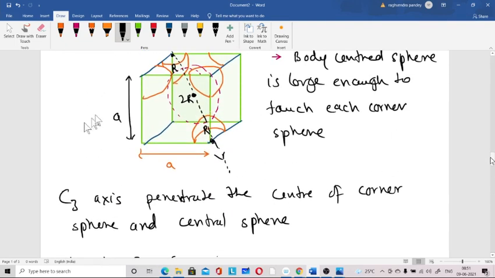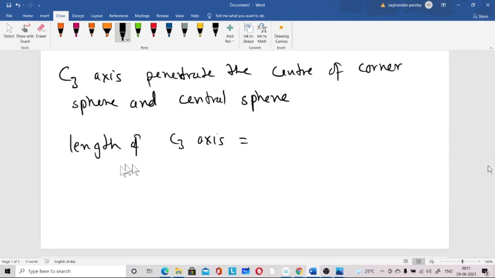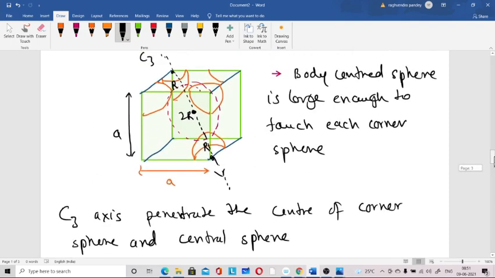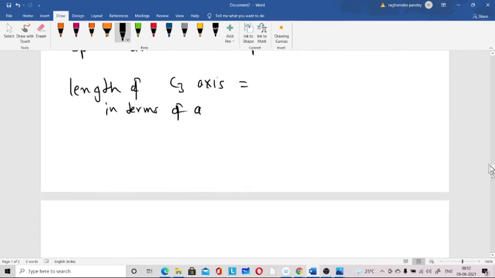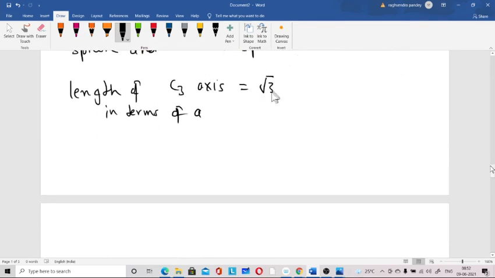In terms of A, I want to know the length of the C3 axis. A is the edge length. From one corner to another corner, what is the length in terms of A? Root 3A. Good, Aparajita. Root 3A.